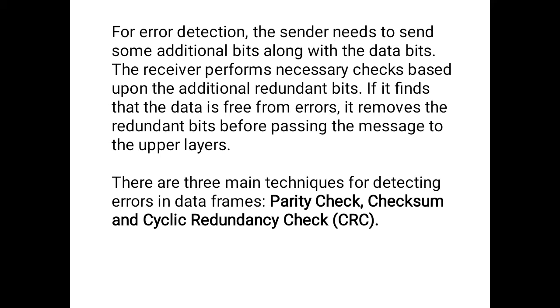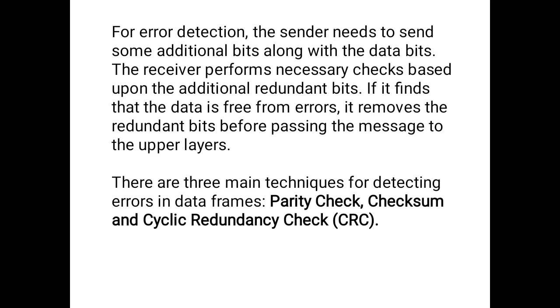There are three main techniques for detecting errors in data frames: parity check, checksum and cyclic redundancy check. Checksum and CRC are almost the same. What is it telling? The sender needs to send additional bits along with the data bits, and if the receiver finds that there are no errors, then the data is free.